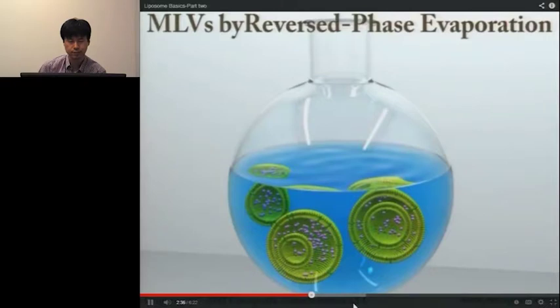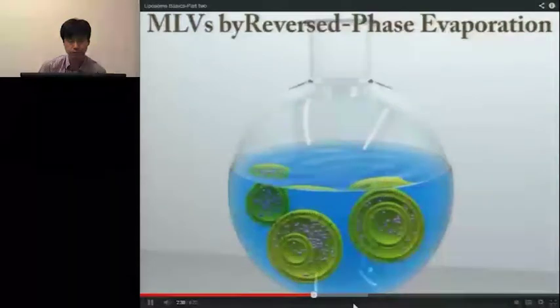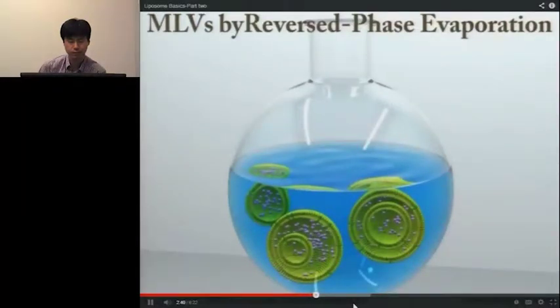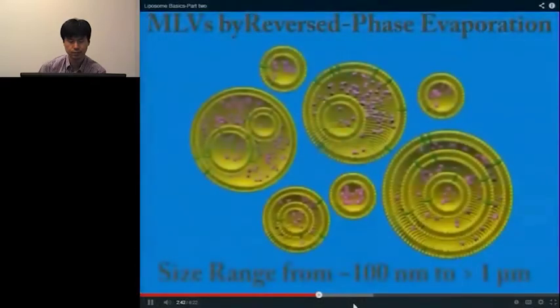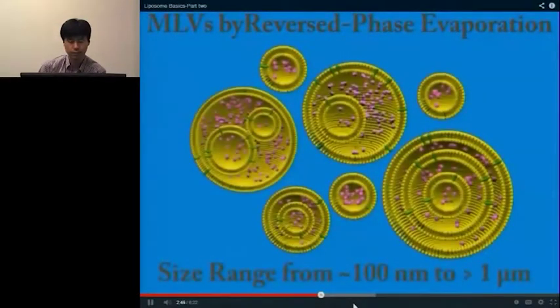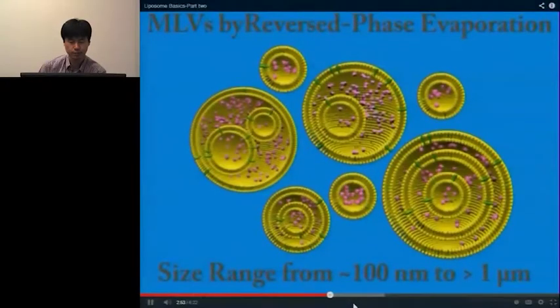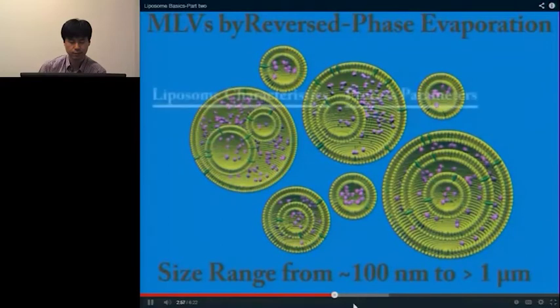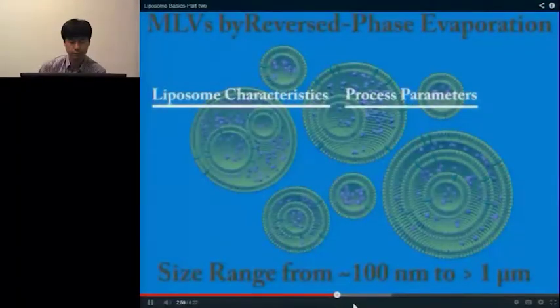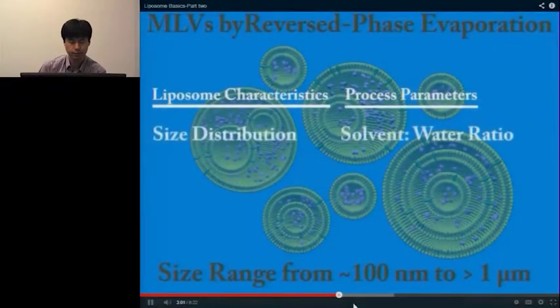Again, the temperature of the aqueous phase must be above the phase transition temperature of the lipids in order for liposomes to form. Unlike MLVs produced from a thin film, liposomes produced by reversed phase evaporation usually have one up to a few bilayers per liposome. Like freeze-thawed liposomes, these liposomes can be multivesicular and have uniform aqueous solute distribution.